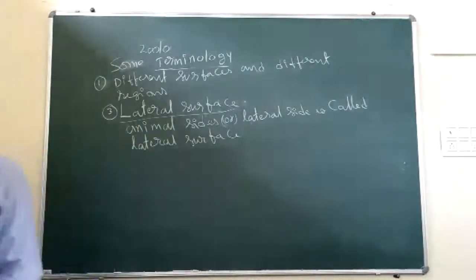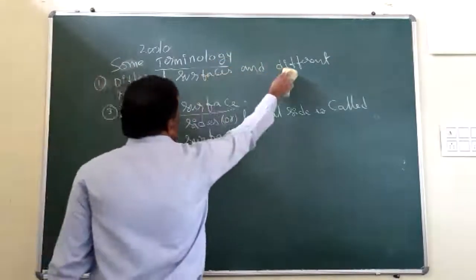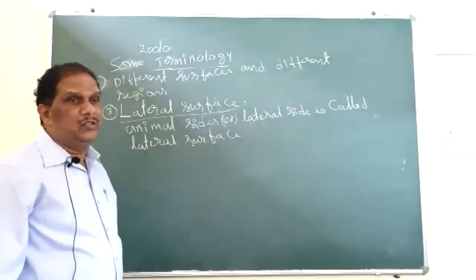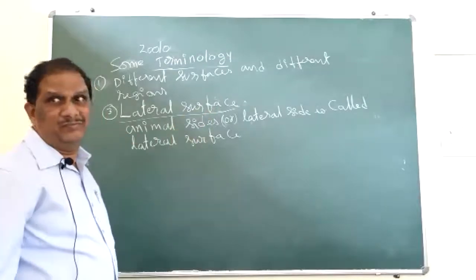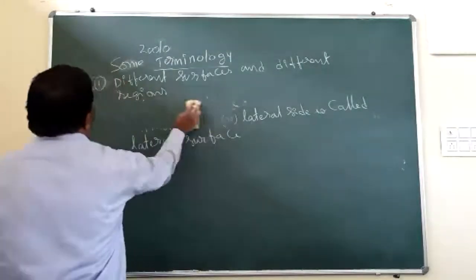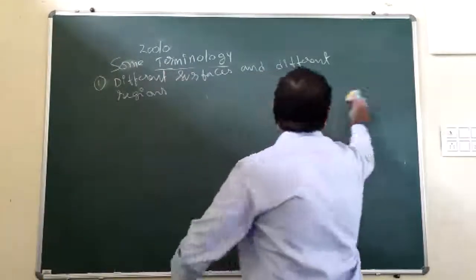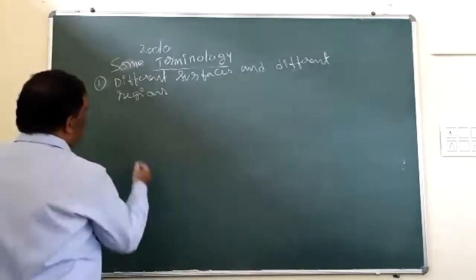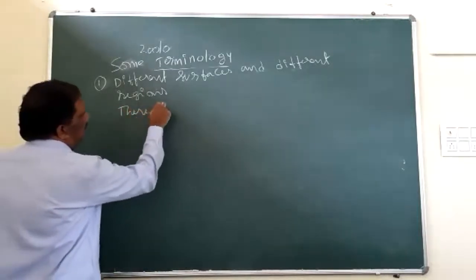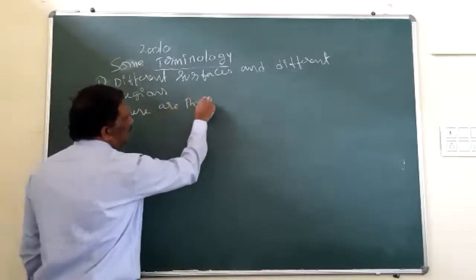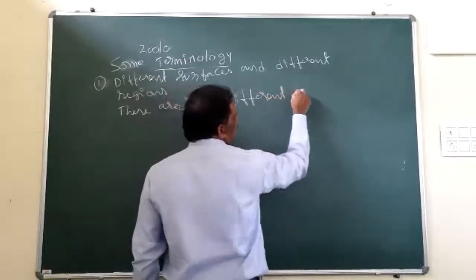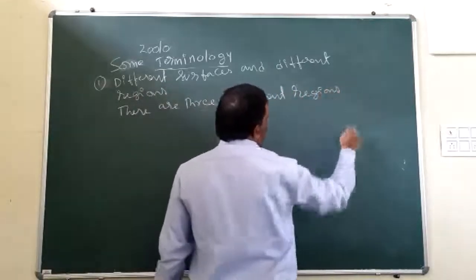Right? Next. Different regions. Anterior region, posterior region, proximal region, distal region. How many different regions? There are different regions. What are those?